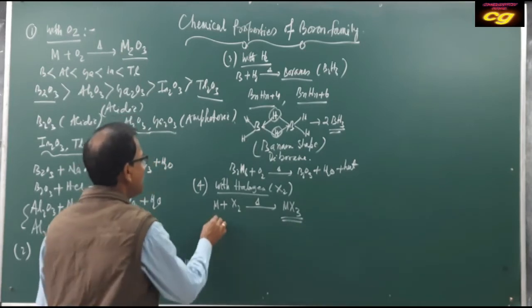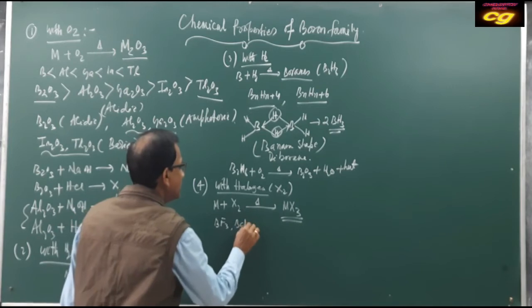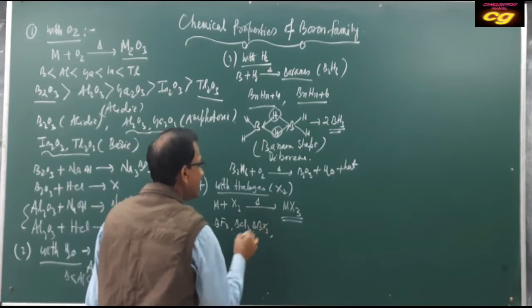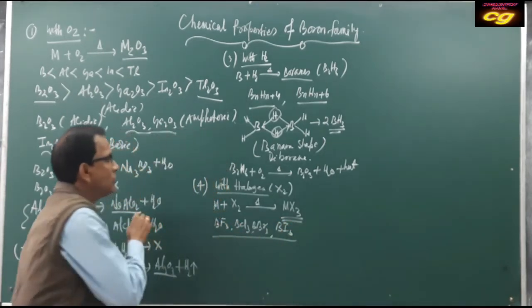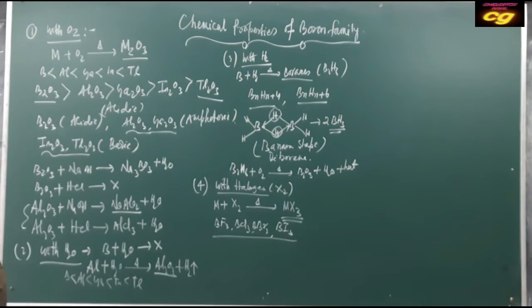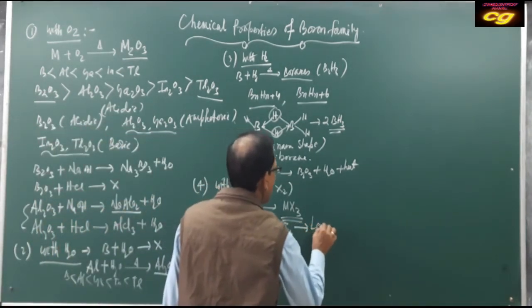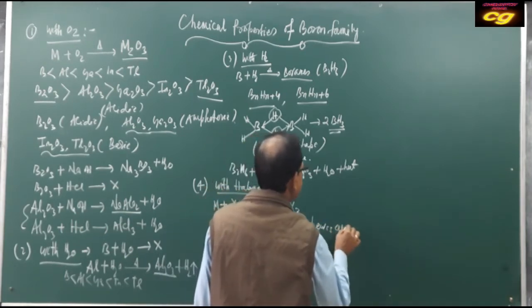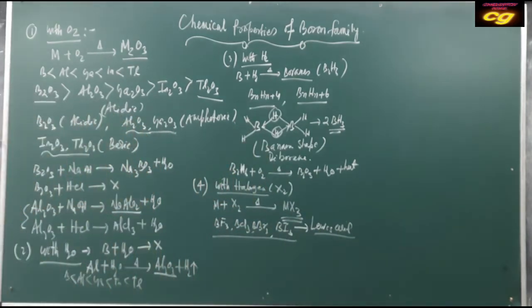What are the examples? Boron produces BF3, BCl3, BBr3 and BI3, and almost all halides of boron are Lewis acids. These are called Lewis acids.